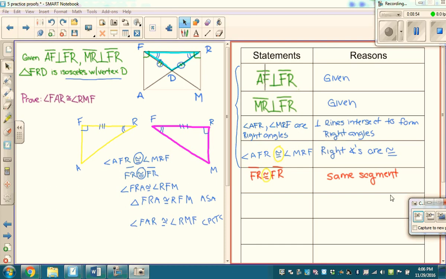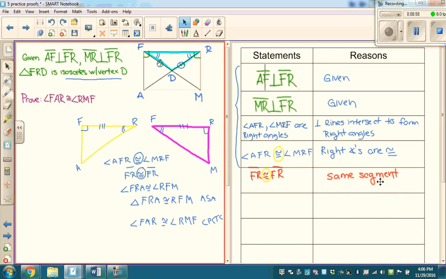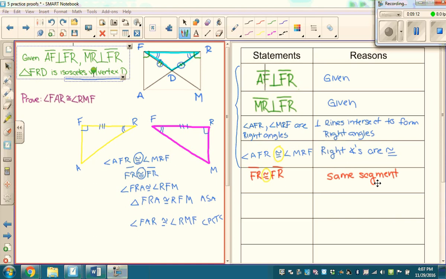I'll just try one more time. Let's go over here. Let's try that one more time. Yeah, camera tool's not working great. I'll just write it in. I think there's too much going on here.